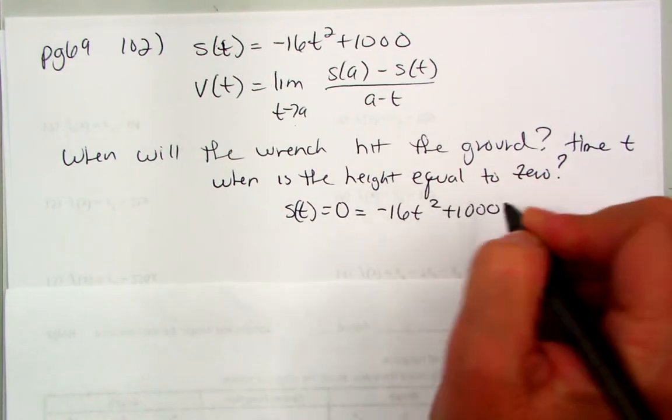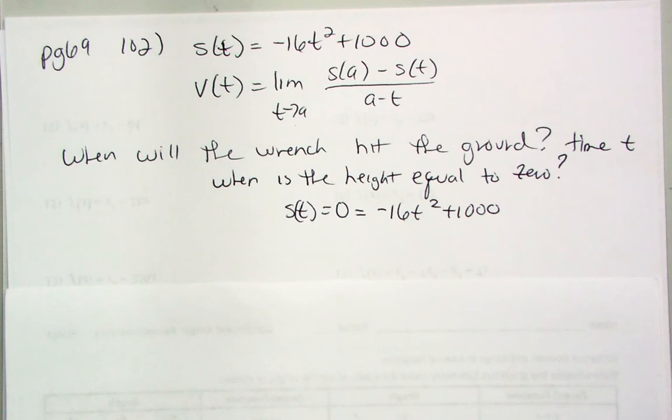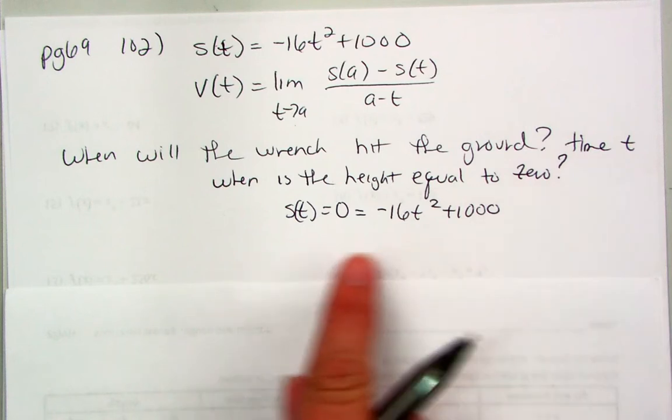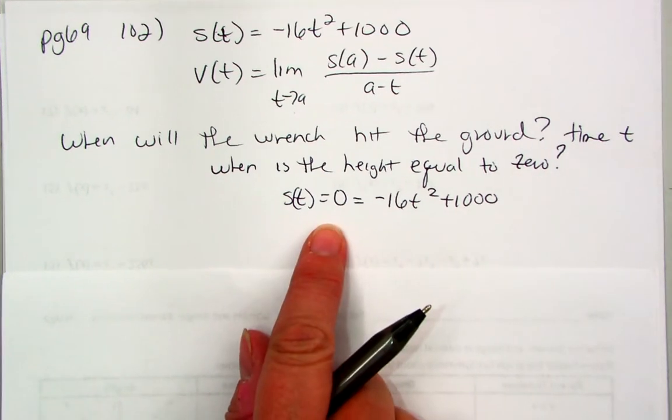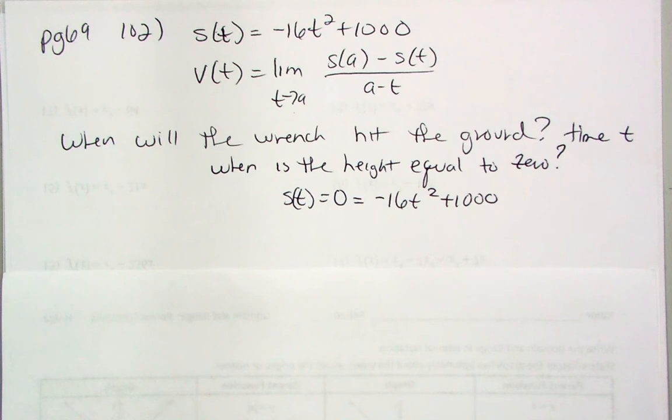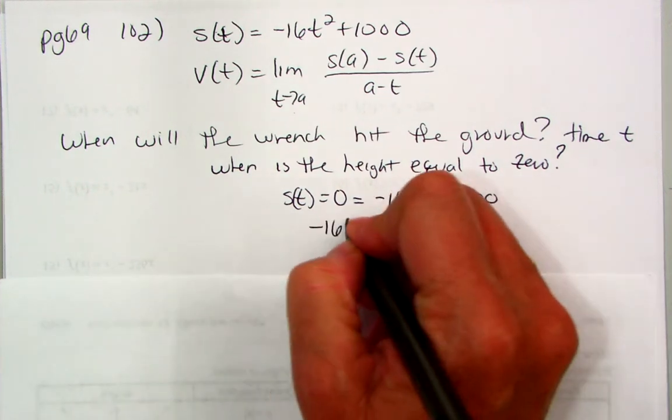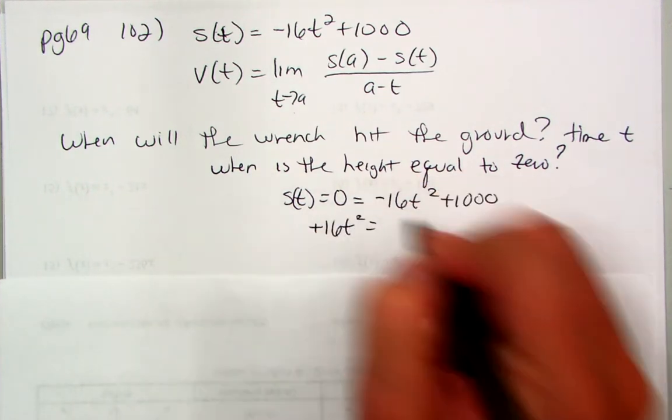Now this is what we've done back in Algebra 1 and Algebra 2. We have a quadratic, and we're going to solve for t, because that's what it wants. What time will the position of my wrench be 0, be hitting the ground?